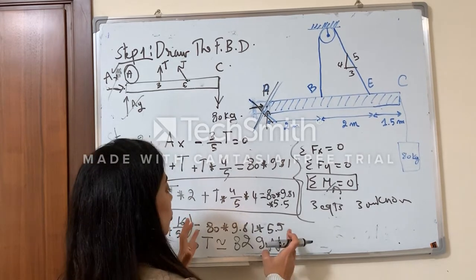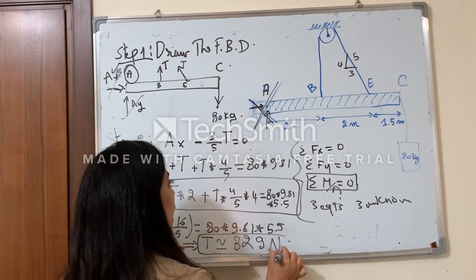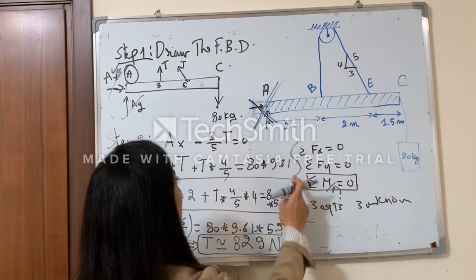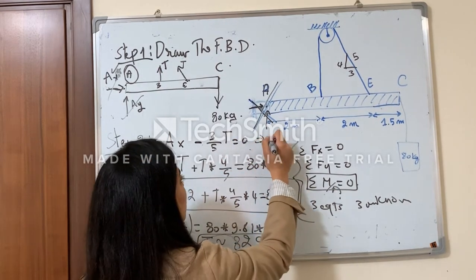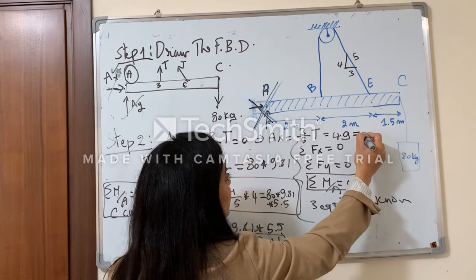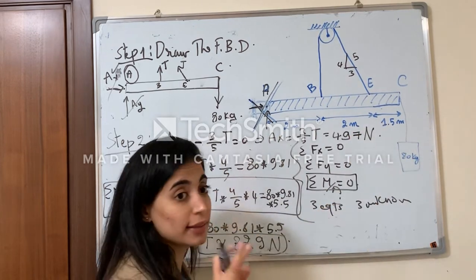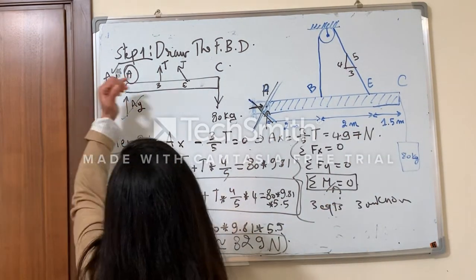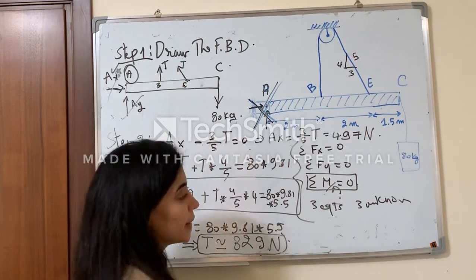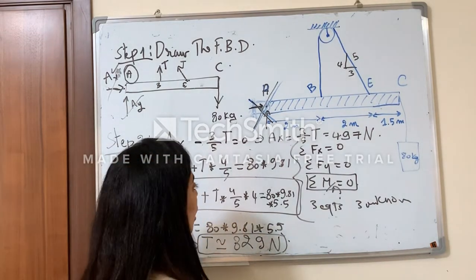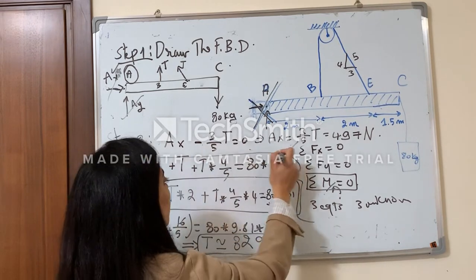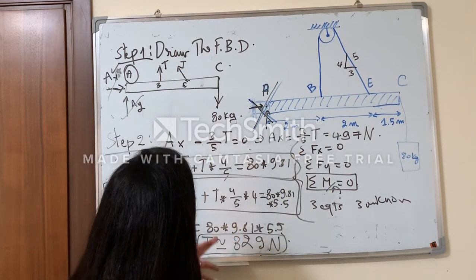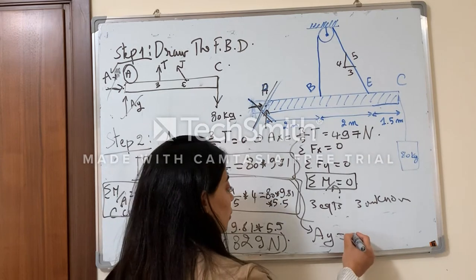And then guys, when I know T, I can substitute this T in the first equation to find Ax. So Ax will be equal to 497 Newton, and it is positive, which means that Ax direction is in the positive X direction. Finally, I can substitute this T here in Ay in order to know what is Ay.